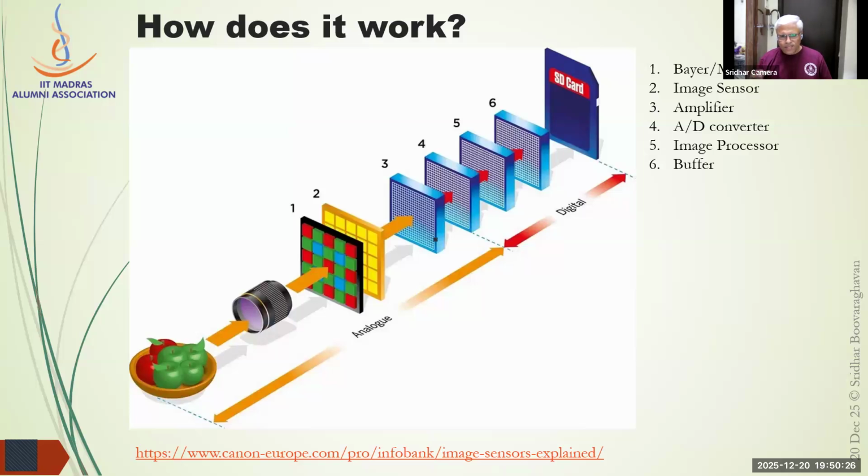And then it sends it to a buffer in the camera, so that when the camera is shooting really fast and the memory card cannot write that fast, it puts it into a buffer so that it can write slowly, and the camera's shooting speed can go on further. And then finally it gets recorded into the memory card, and then you can upload it to other places and so on. So basically, save the image.